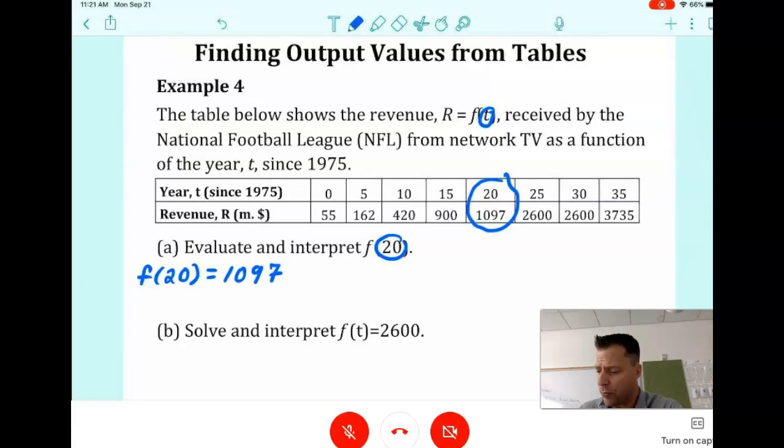And so they ask us to interpret that. So you would say since T equals 20, the year is 1995.